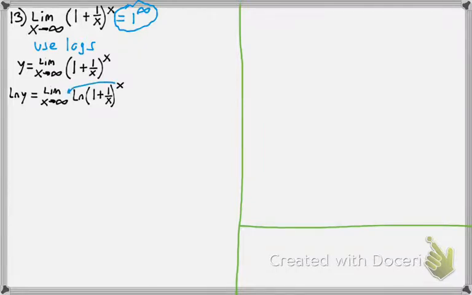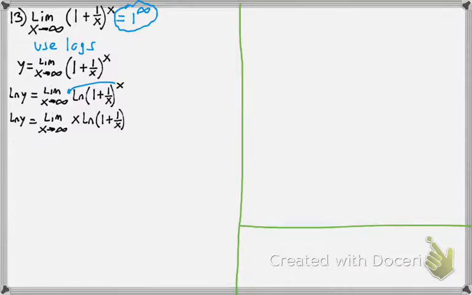It's not a derivative thing, it's a logarithm thing. So ln of y is equal to the limit as x goes to infinity of x times ln of (1 plus 1 over x).